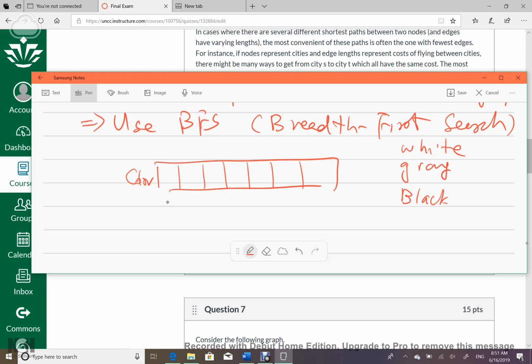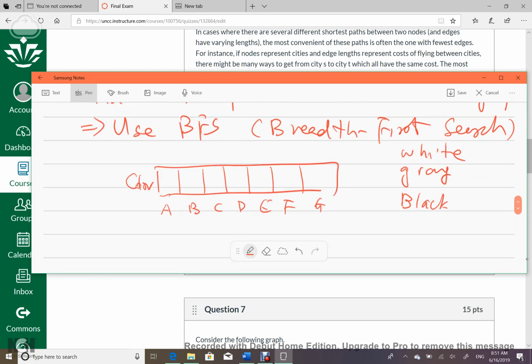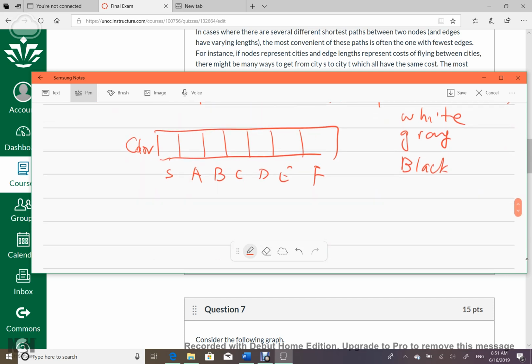So in the beginning, everything corresponds to, let's write down A, B, this index, right? It's also corresponding to the index. And in the beginning, everything is W, is white, right? And also we have the distance.